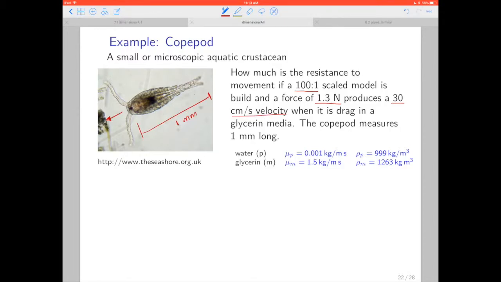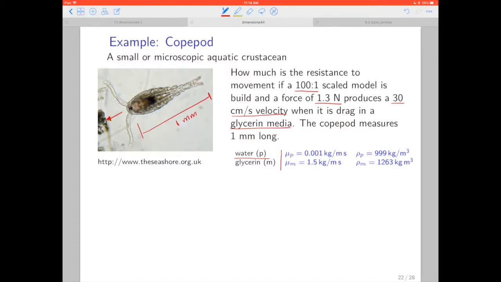That's the velocity. Also we choose a different medium, a glycerin medium. So what we want to know is what will be the equivalent force for the copepod that is moving in water.